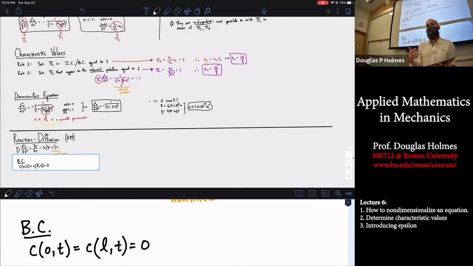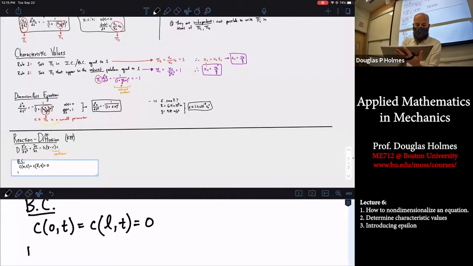Previously, we had done this on an infinite domain, so we were looking at x equals 0 or x equals infinity. Here we're looking at a slightly different problem. It won't matter, it'll just change the math a little bit.